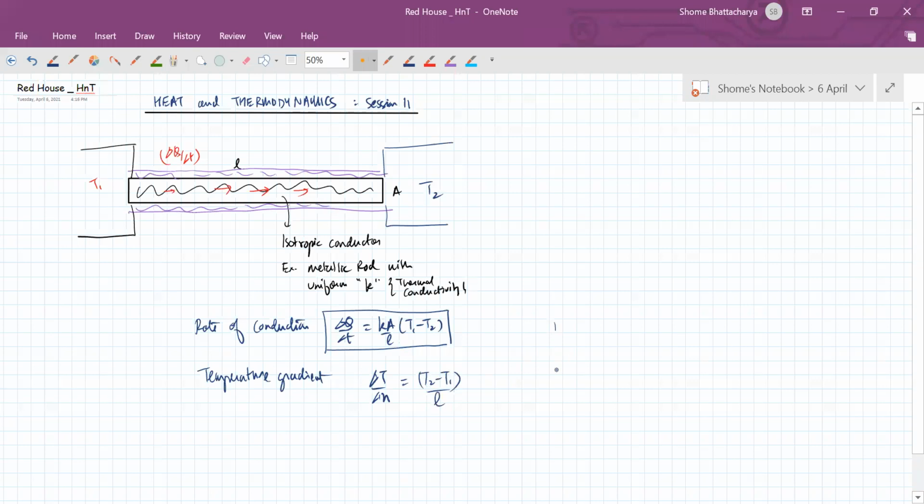So the temperature versus position, if we take position inside as at a distance x, this becomes a linear graph ranging from T1 to T2 as position ranges from 0 to L. So these were the two important properties of a conductor in steady state that we had learned in the last lecture.